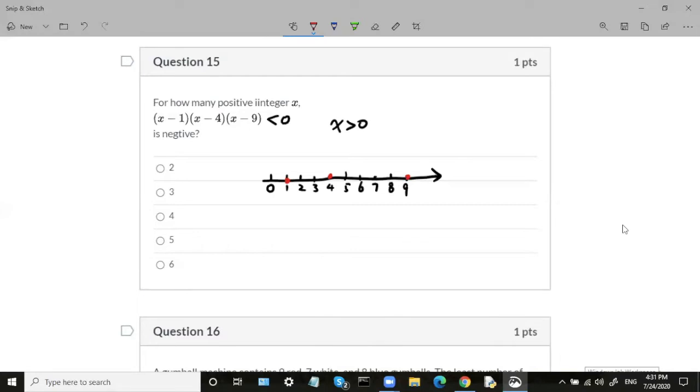For x equals 1, because x minus 1 equals 0, the whole expression equals 0. And 4 could make the whole expression equal to 0, and 9 as well. Okay, so let's test x equals 2.